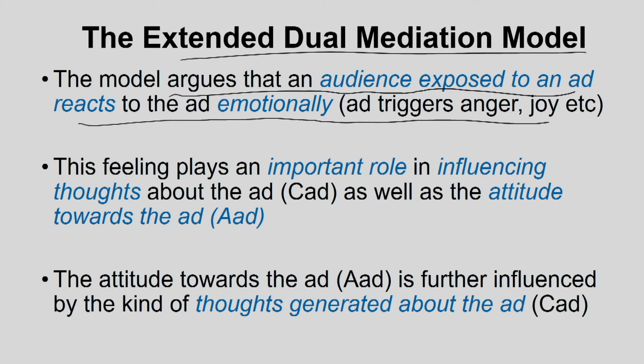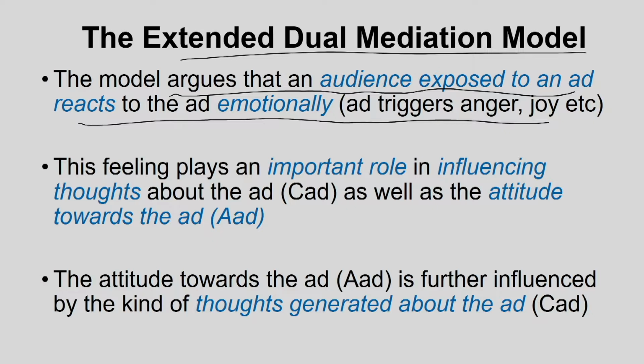It starts with the construct of cognition or beliefs towards the ad and feeling towards the ad, which is followed by feeling towards the brand and beliefs towards the brand, which initially is started by the affect and which further leads to the purchase of the brand.